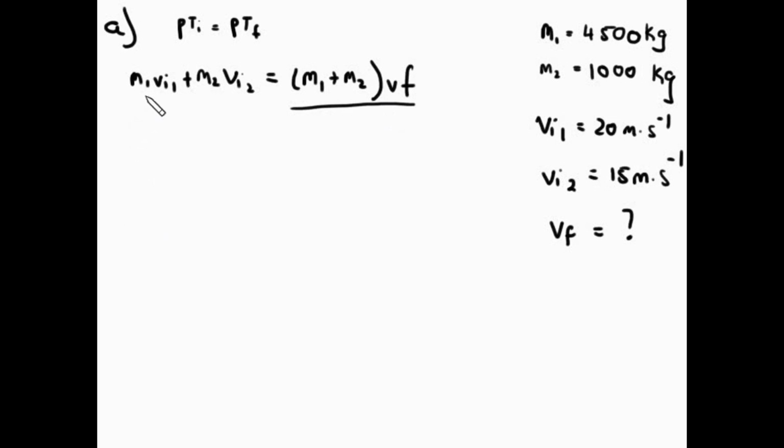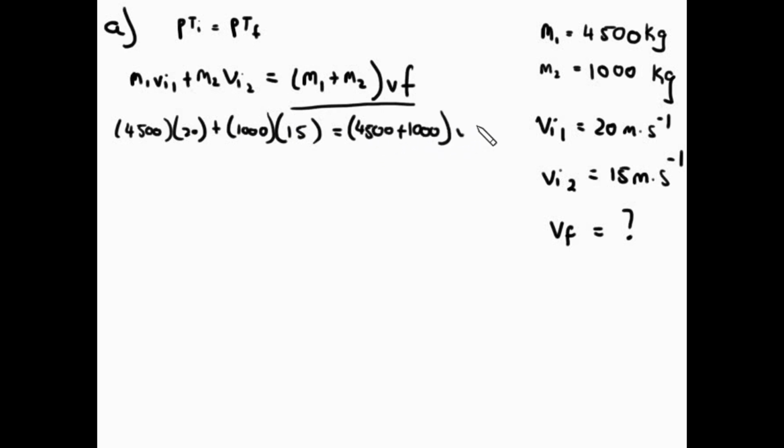So let's sub in our values. 4,500 multiplied by 20 meters per second plus 1,000 multiplied by 15 meters per second equals (4,500 plus 1,000) vf. To get vf on its own, we divide by 4,500 plus 1,000, which we know is 5,500.